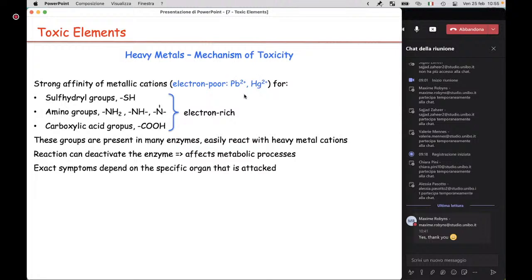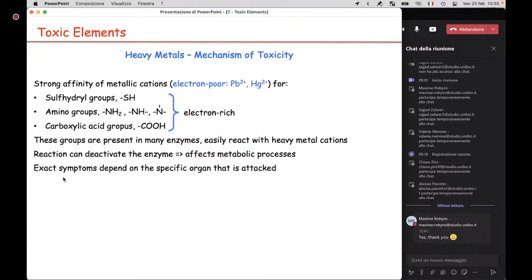So heavy metals have the potential to react with many proteins, and in particular with many enzymes, and this reaction deactivates the protein, in particular deactivates the enzyme. So you may imagine that if you disrupt enzyme activity, any kind of damage can happen to the cell according to the specific enzyme that is inactivated.